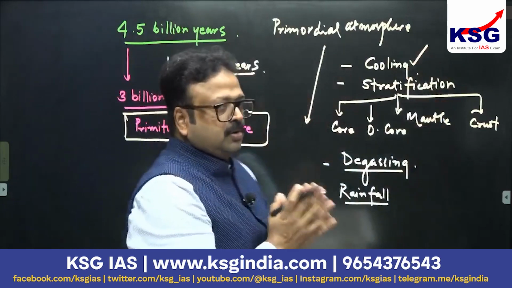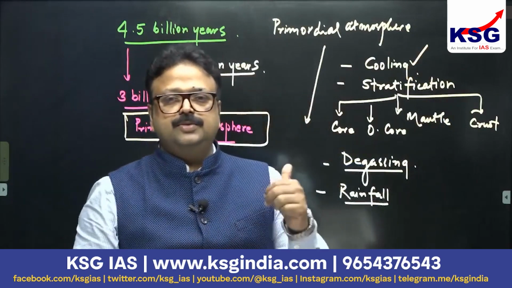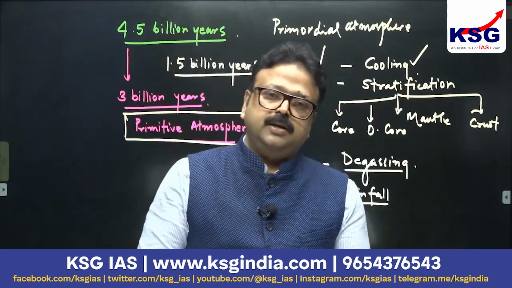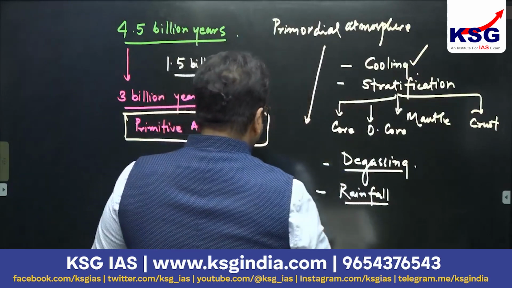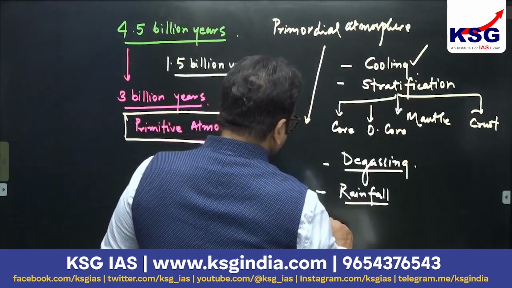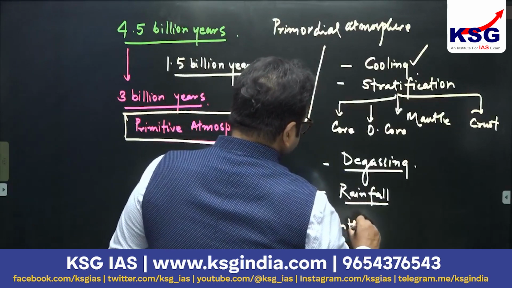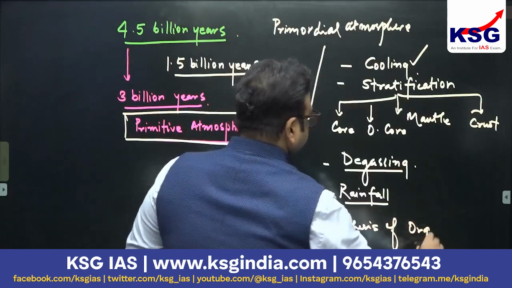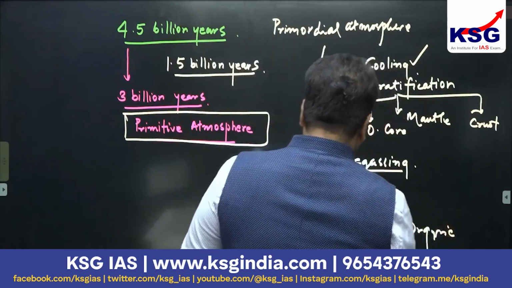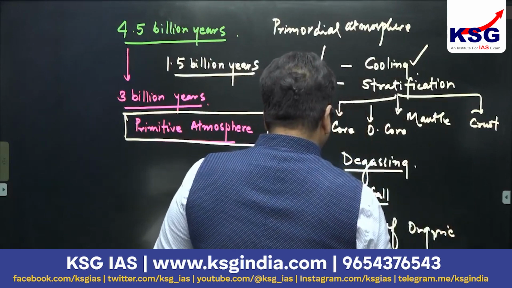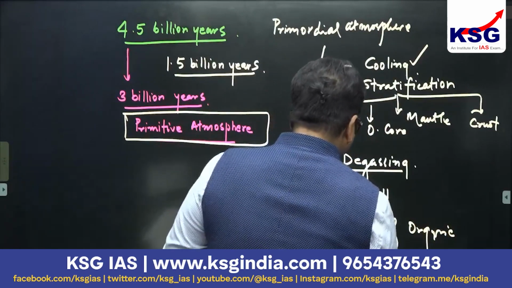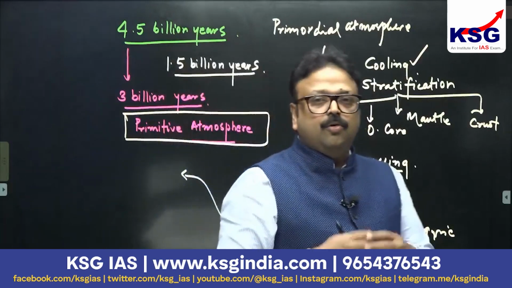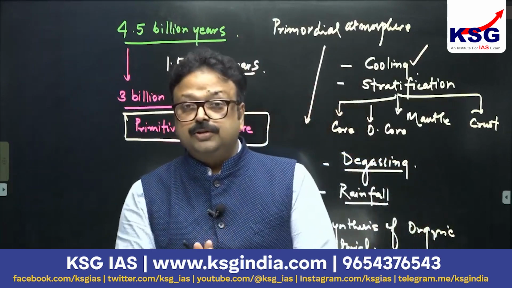So it is also adding to this cooling. And the most important thing that happened in this phase was chemosynthesis of organic material, which was the basis of origin of life.